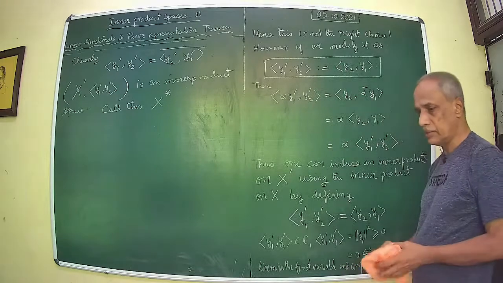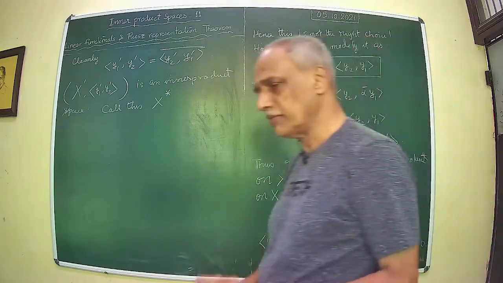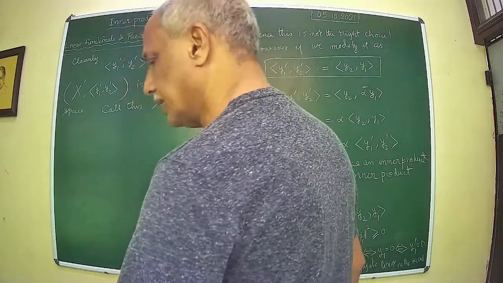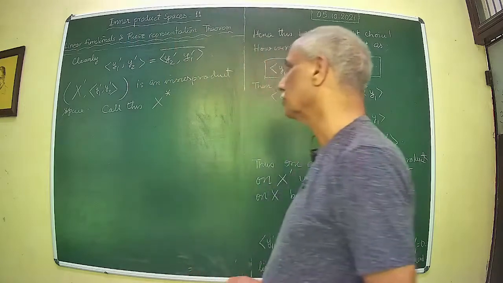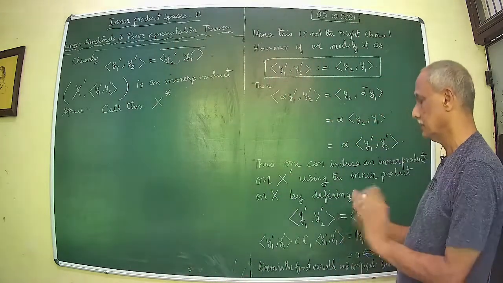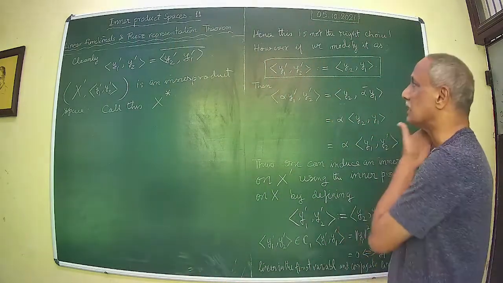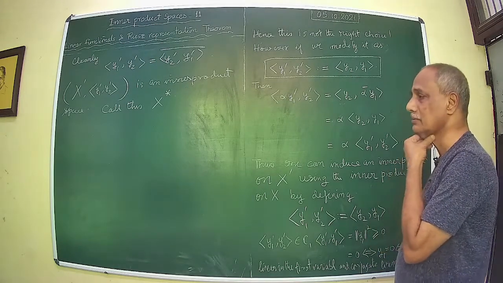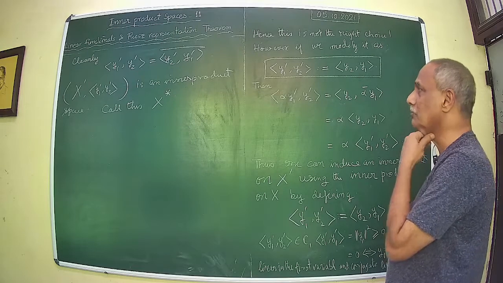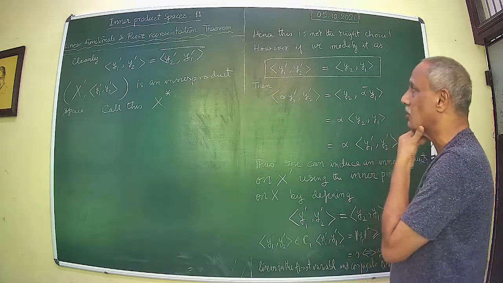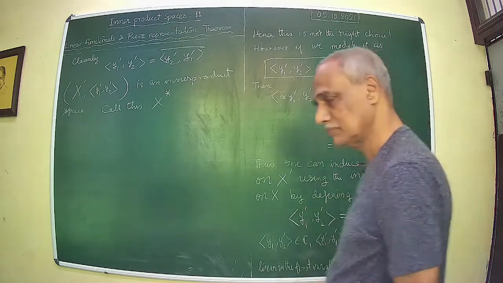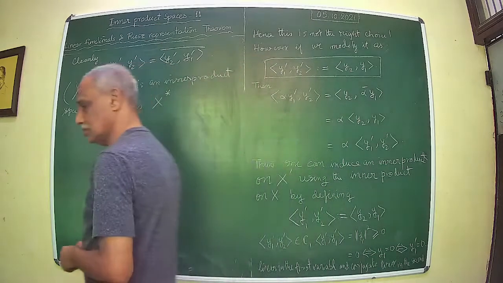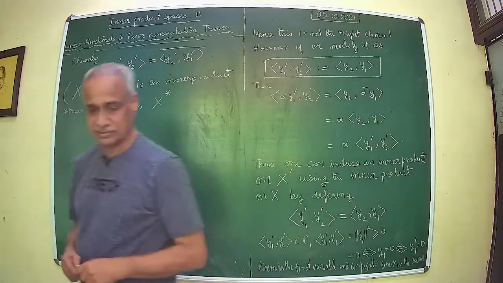So they are not isomorphic to one another, but conjugate isomorphic to one another. Now this is the connection, and this representation of the inner product by a vector, or sorry, the linear function by a vector, is called the Riesz representation. Okay, so thank you very much.